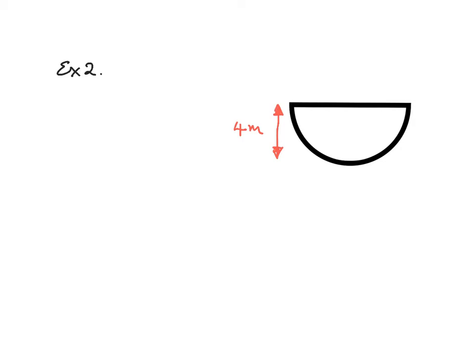Now, the 4 meters represents the distance from the centre of the circle to the circumference. So 4 meters is the radius. It might help us if we doubled that to get the diameter.